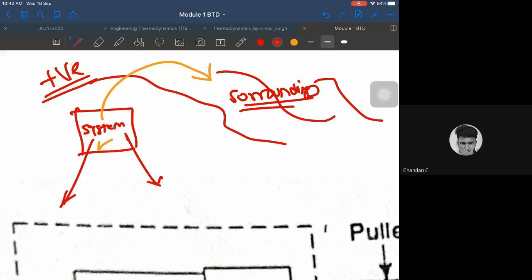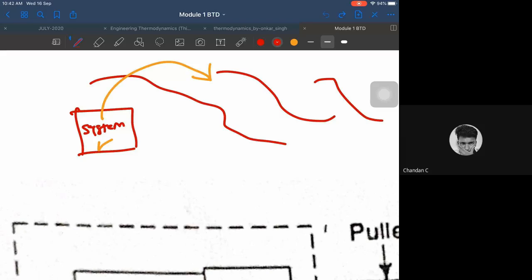Similarly, in the other case, the surroundings will be doing work onto the system. Here the work is done on the system, not by the system.